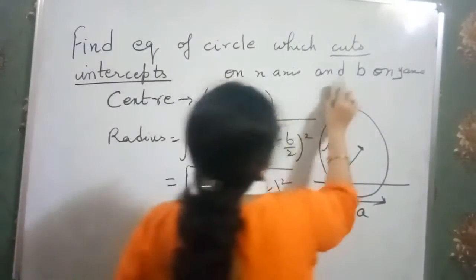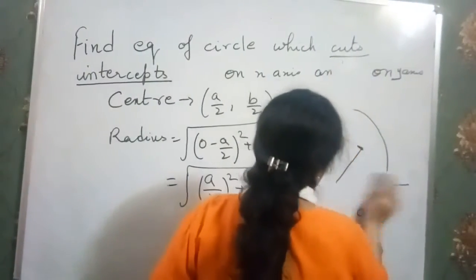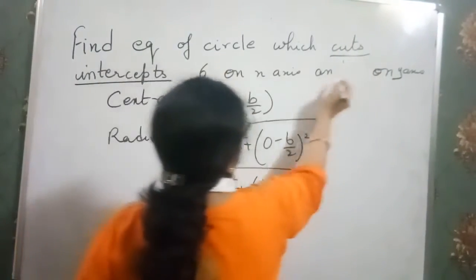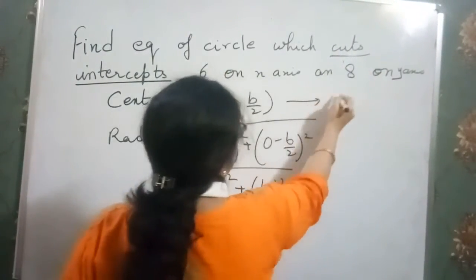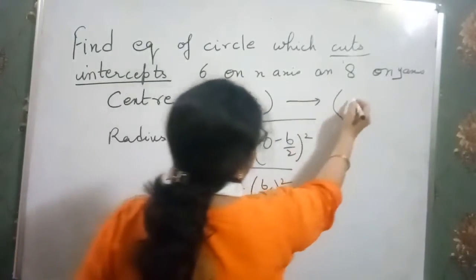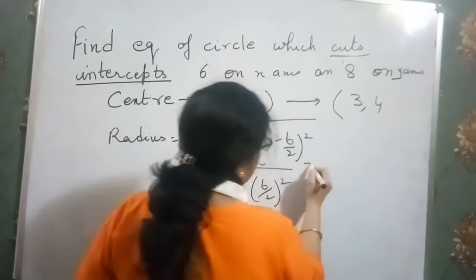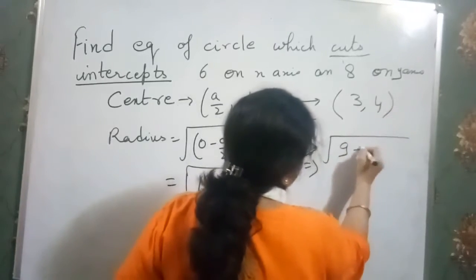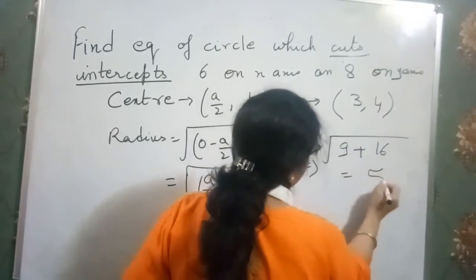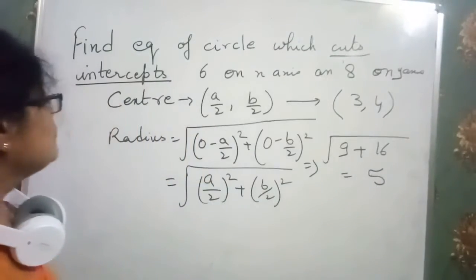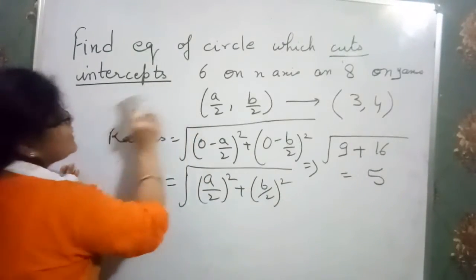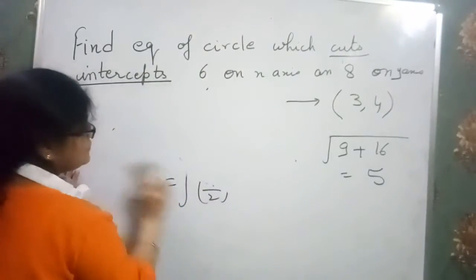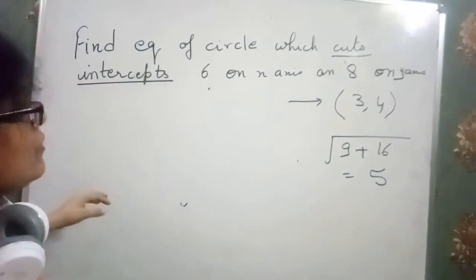So for example, we have intercepts here, I will take 6 and 8. Clear? So our center becomes (3, 4). And our radius becomes 3 threes are 9 plus 4 fours are 16, ultimately we get 25, and then 5. Now write the equation of the circle having this center and radius 5. I think you can easily solve now.